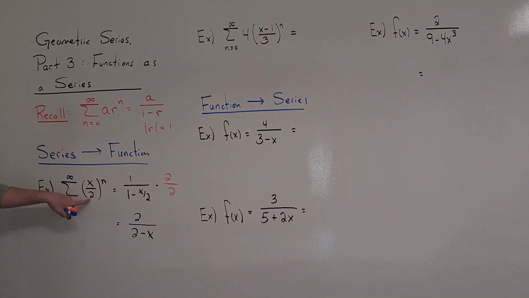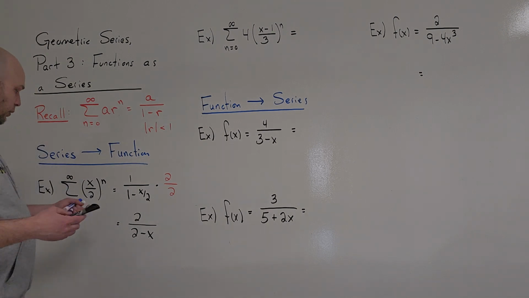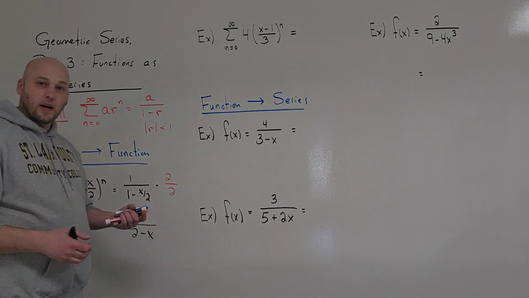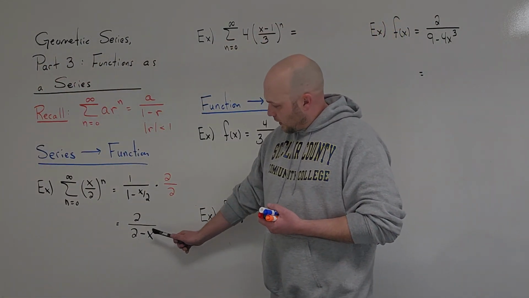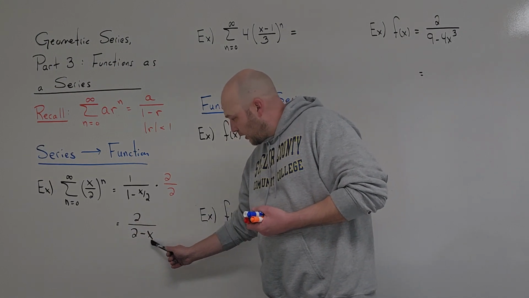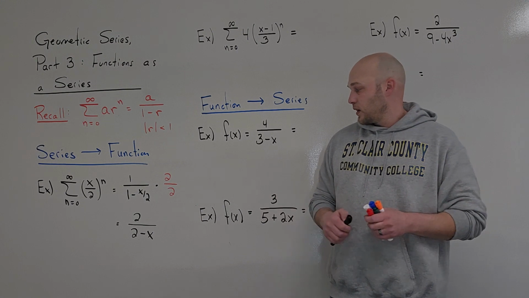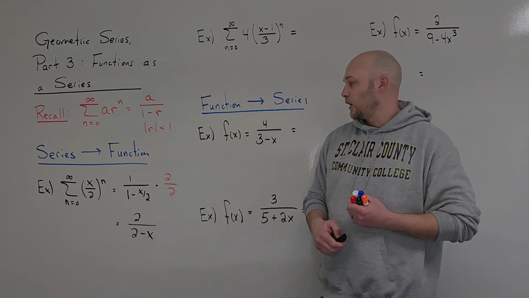Therefore, this function right here and this geometric series are the same thing. If I want to evaluate this, I can just plug the x value into this function. This also gives me a way to graph a geometric series, if I can graph the corresponding function. One thing to keep in mind though is that if I give you this function in isolation and ask for its domain, the domain is everything except 2, so minus infinity up to 2 and then 2 up to infinity.